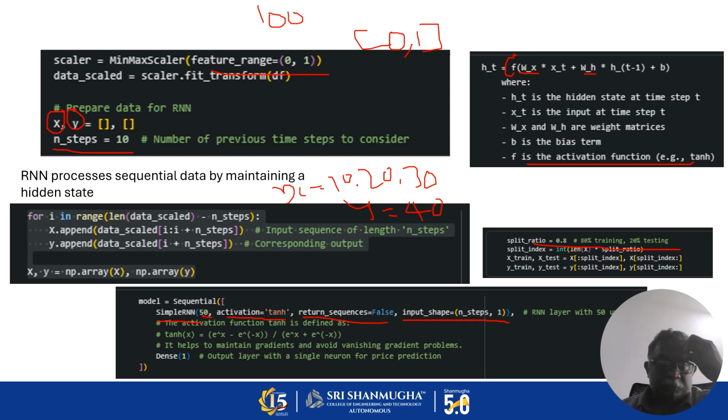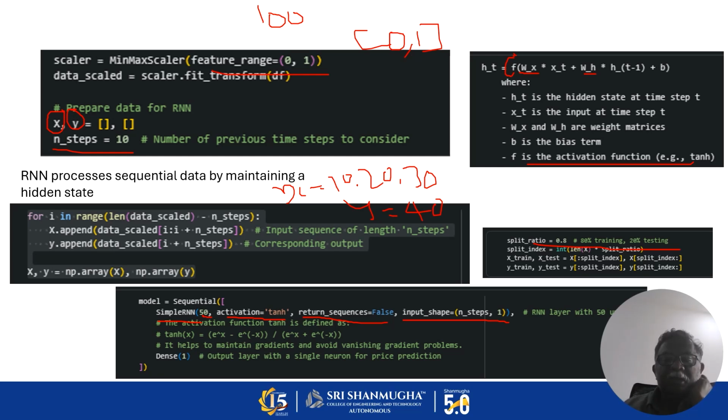If I use 50 neurons here, the hidden state will capture the pattern, and I use the tanh activation function. If n_steps is 50, the input shape would be 50 comma 1.